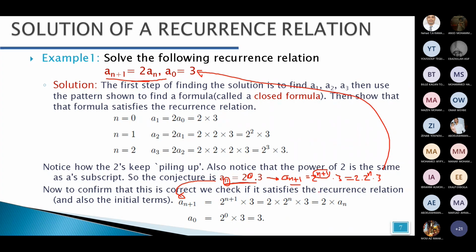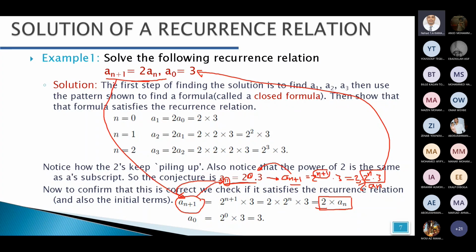This means 2 multiplied by 2 power n multiplied by 3 is an.